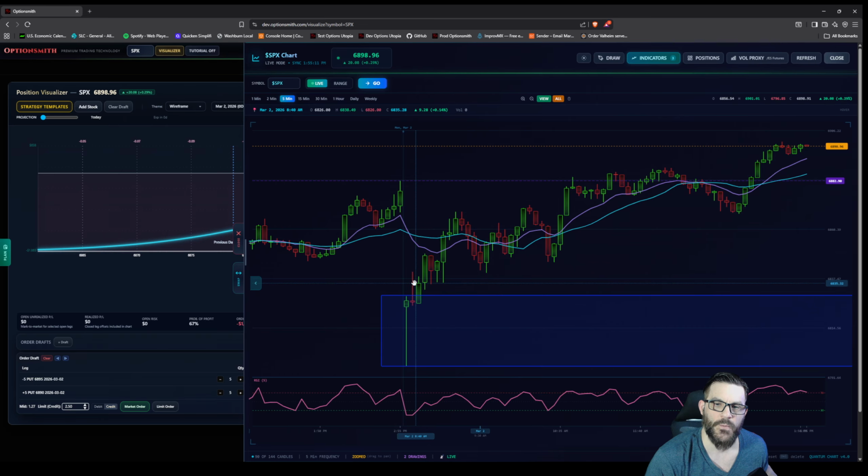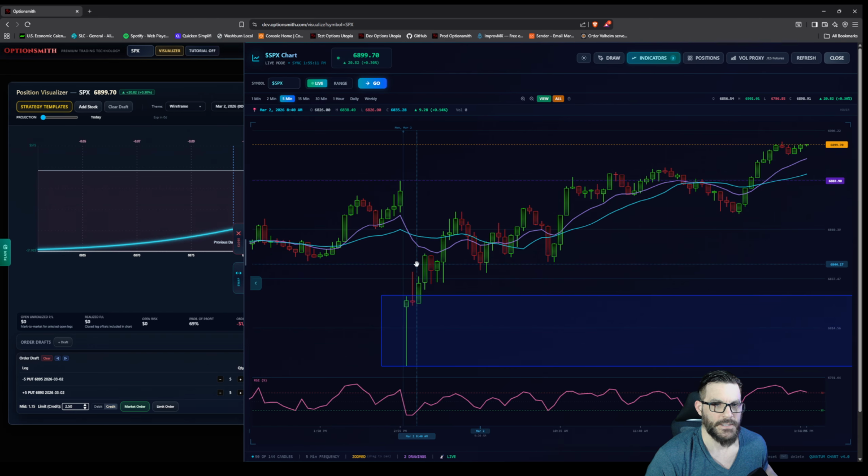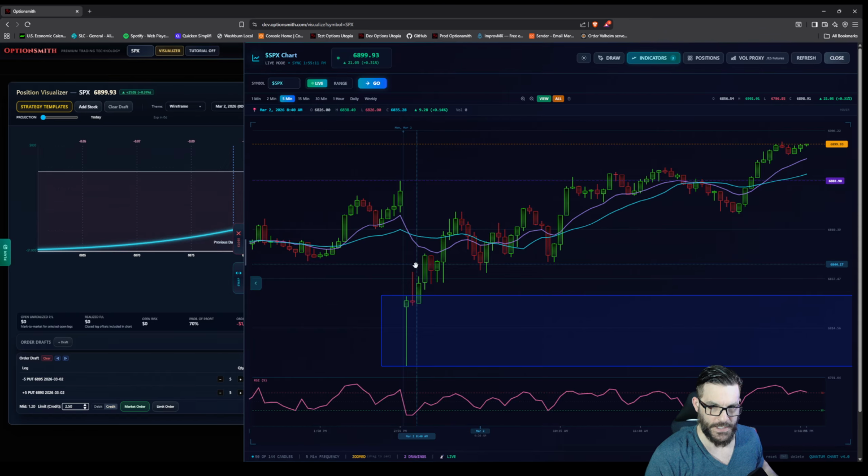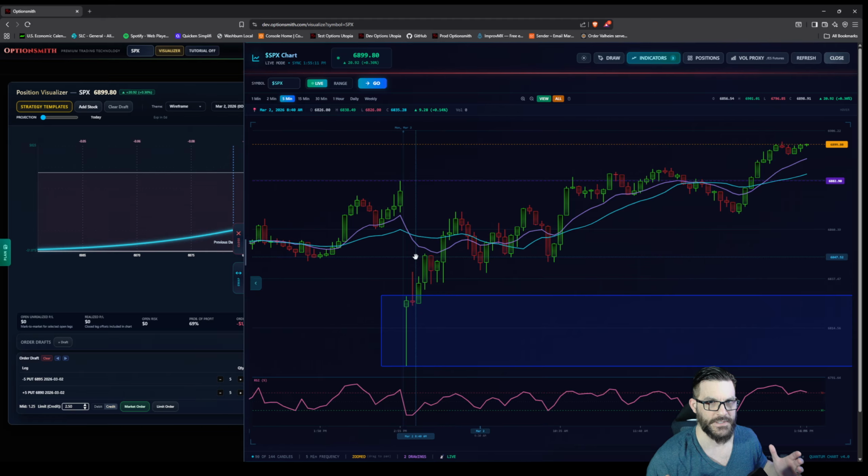But I am willing, if the market just keeps going up and it doesn't give me a pullback for entry, I'm willing to chase it a little bit. That's part of my plan. Some traders will tell you not to chase the market in whatever scenario they're looking at, but this is part of my plan. It works in general because the market does have some momentum behind it in my mind if it's never pulling back.